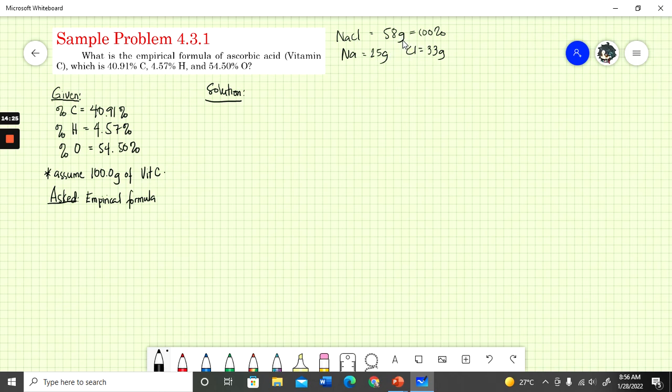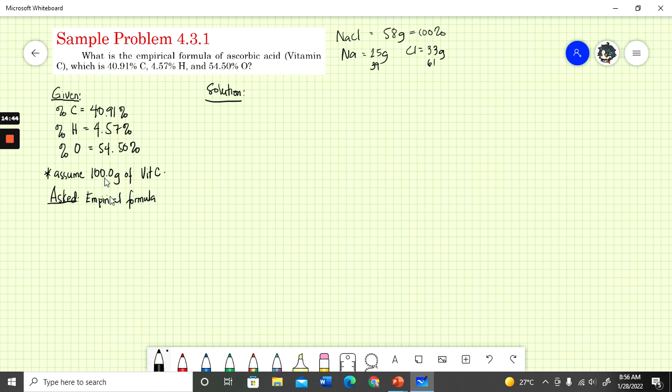We found that is about 39%, and the Cl is about 61%, if I'm not mistaken. That's what I remember. I may be wrong, but it's something like that. So we assume this to be 100%.